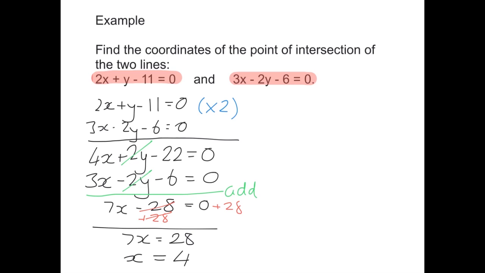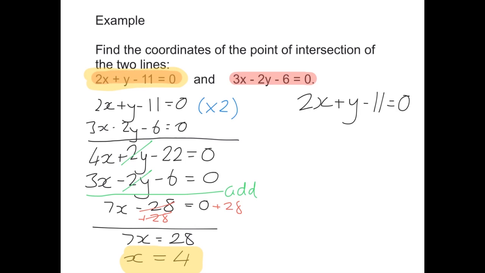And the way we do that is just substitute in our answer we got down here into one of these two equations. So I'm going to take this first equation here and rewrite it 2x plus y minus 11 equals 0. We know that x is equal to 4.